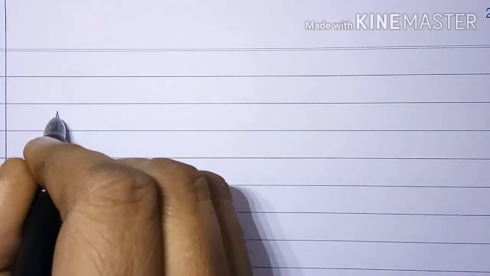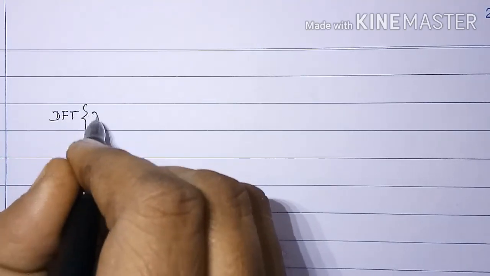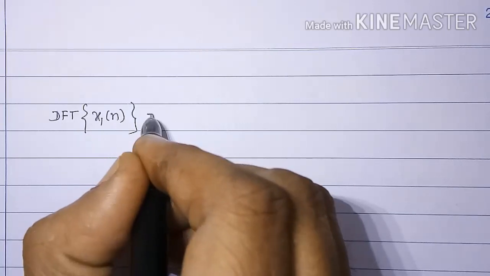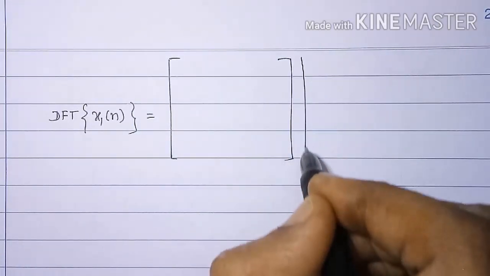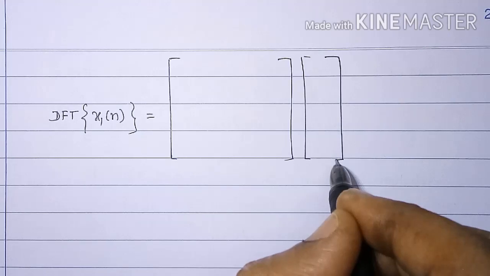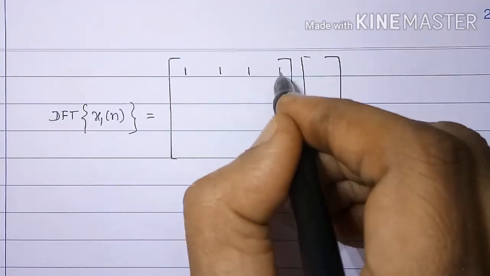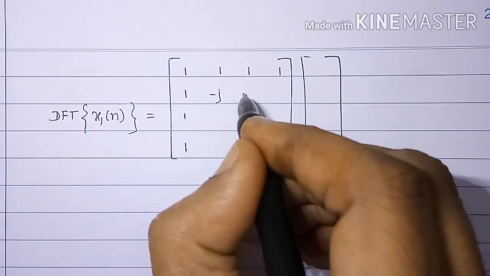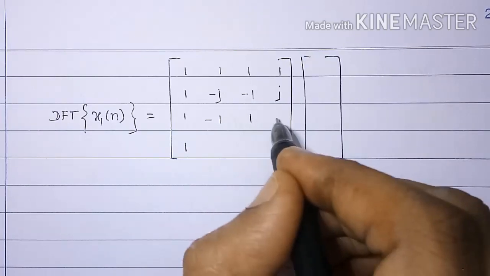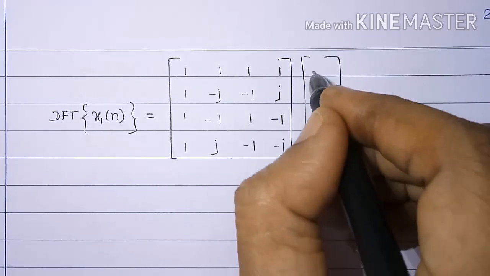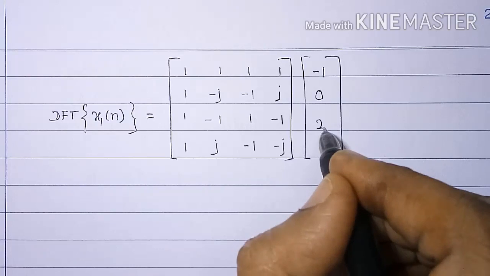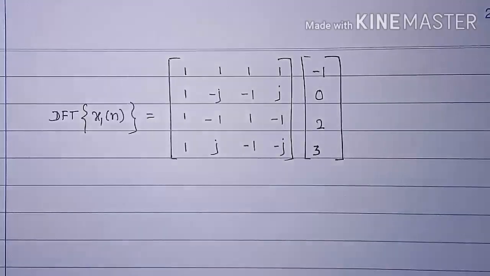So now we will compute first DFT of x1 of n. 1, minus j minus 1 plus j minus 1 plus 1 minus 1 plus j minus 1 minus j, into minus 1 0 2 3.